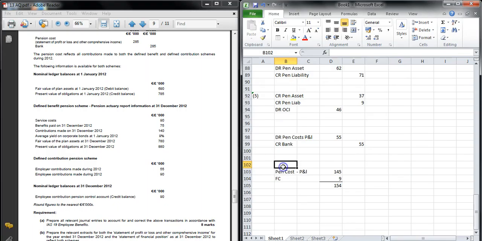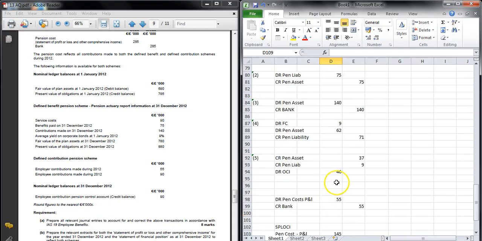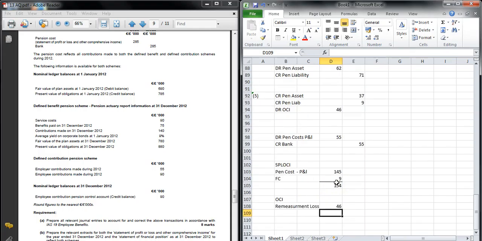So that is in the SPLOCI, so statement of profit and loss, other comprehensive income. You also have the OCI. You will have a remeasurement loss of 46. So that will be in the other comprehensive income section of the SPLOCI, a remeasurement loss of 46 due to the actuarial revaluation.